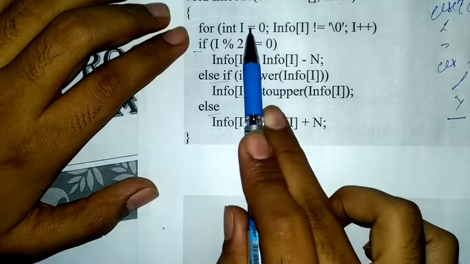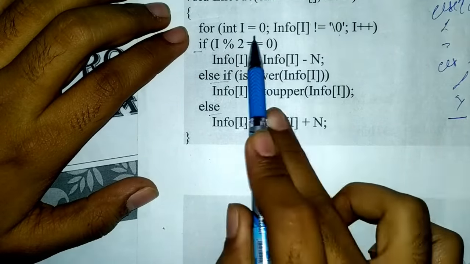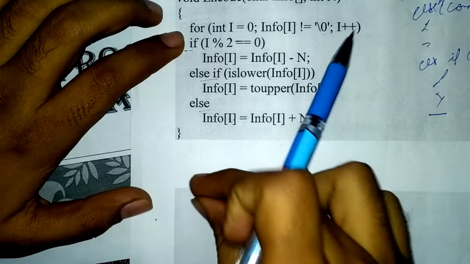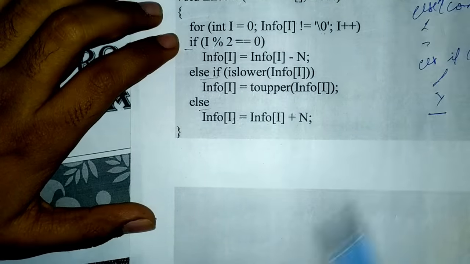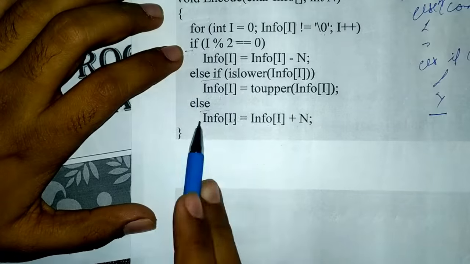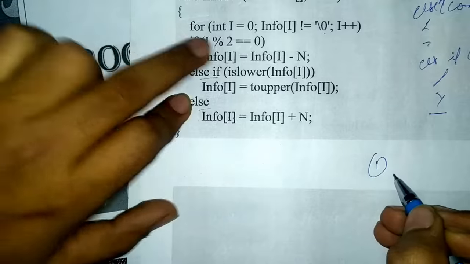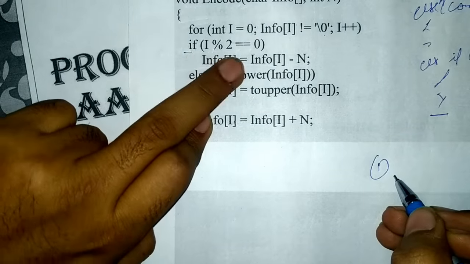The loop is running from string 0 to null. That means it is taking all the elements from the string one by one. So talking about this, first thing, i remainder by 2 equal 0.